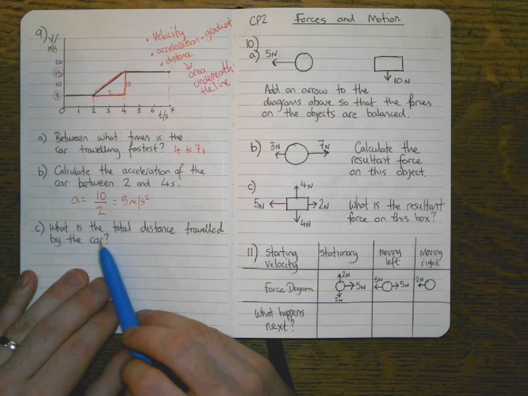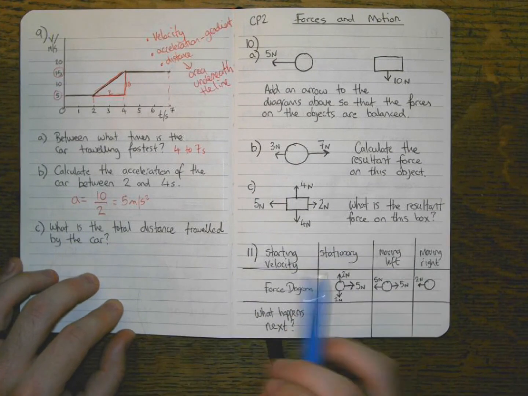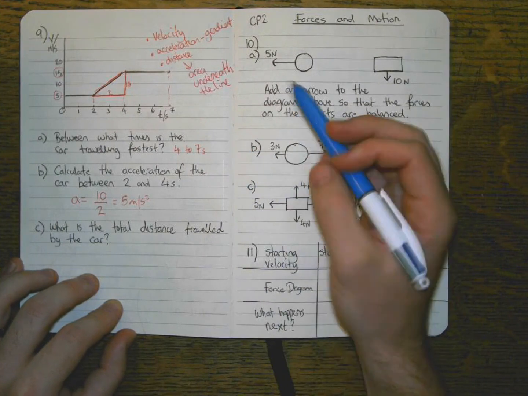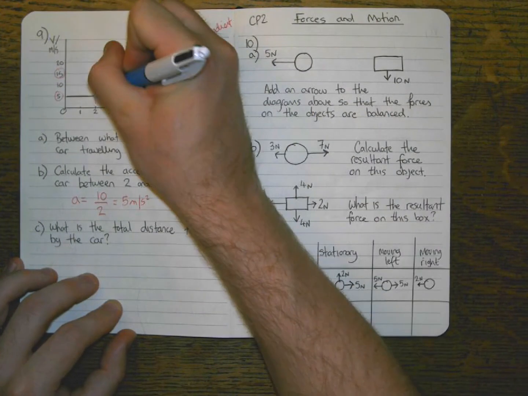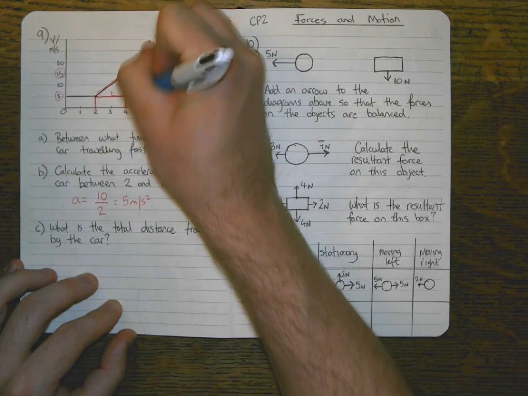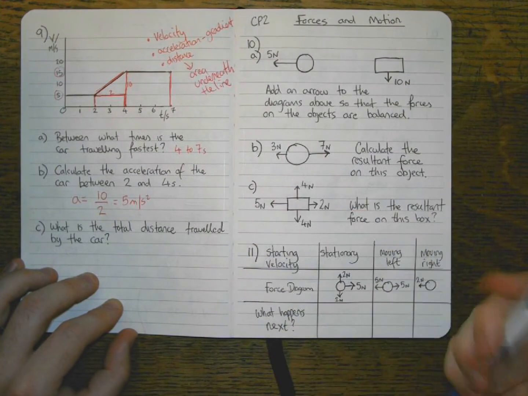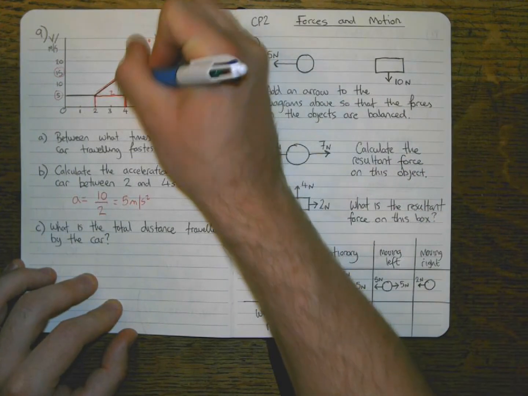Finally, what is the total distance travelled by the car? For this, we actually have to break the graph up into as many rectangles and triangles so that we actually fill the complete area underneath the line. So I'm going to colour the triangle area in green.